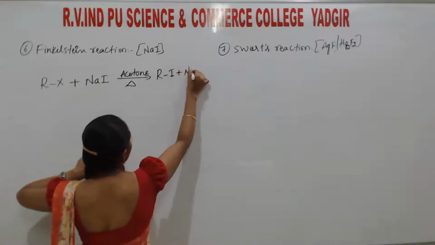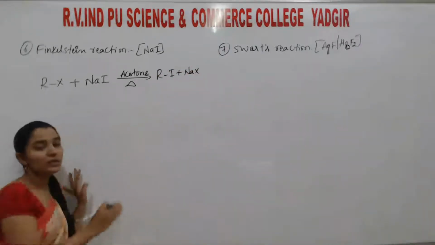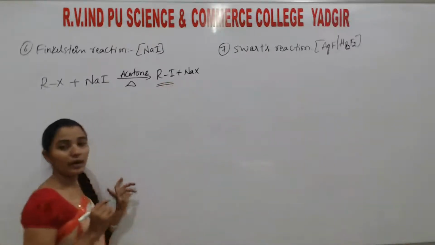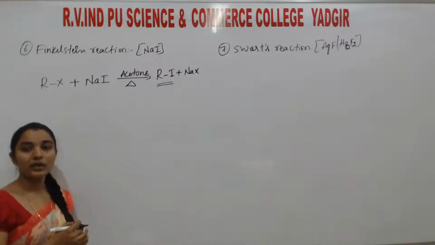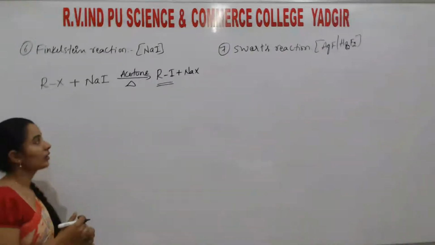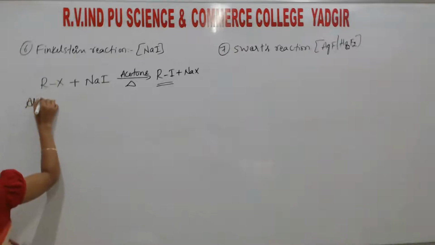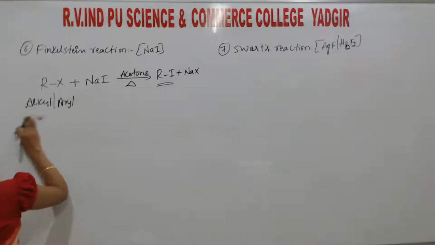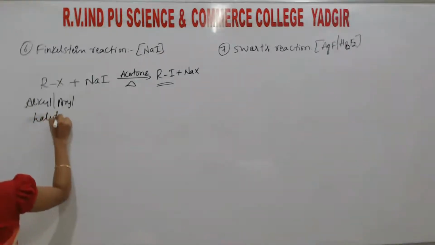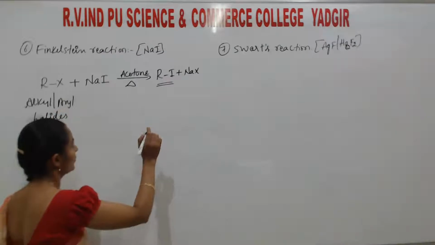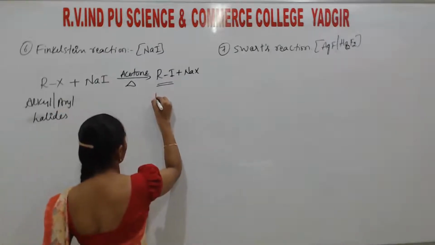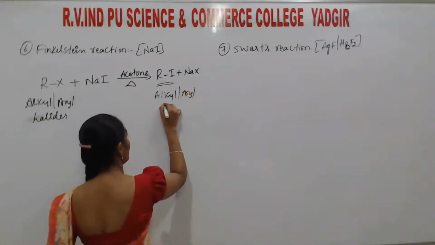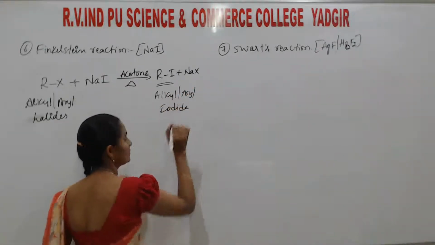So here it is RI plus NaX. So this is the reaction that is specifically used to prepare iodoalkanes or alkyl iodides. So this one is alkyl or aryl halides, this one is sodium iodide, and this one is alkyl or aryl iodide.